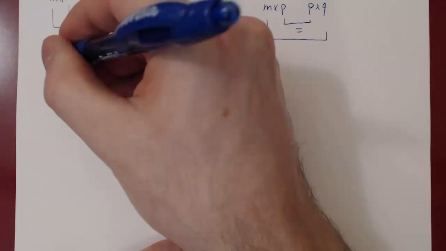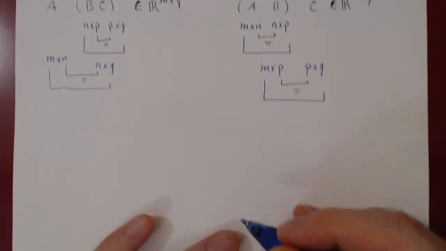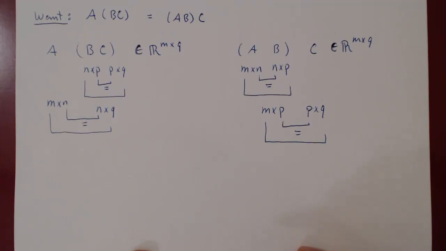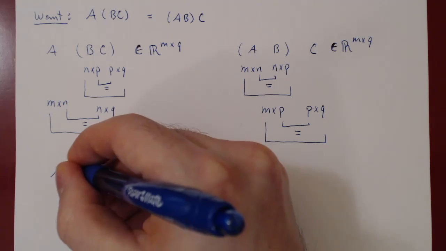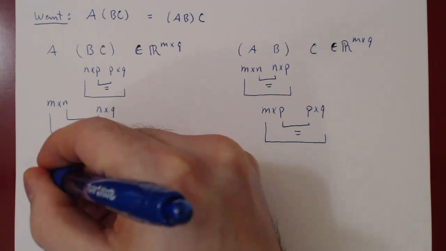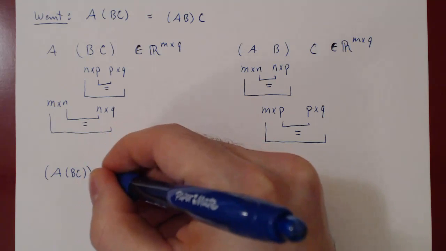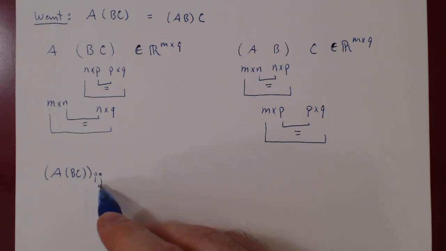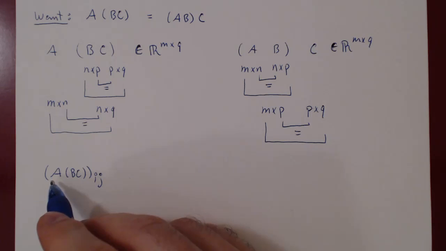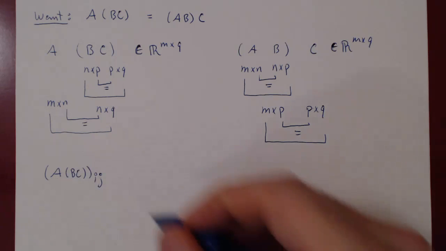So we take an arbitrary entry of our left-hand matrix, A times BC, and so we take the entry in the ith row, jth column. As i and j are arbitrary indices, we have an arbitrary entry of the matrix A times BC.